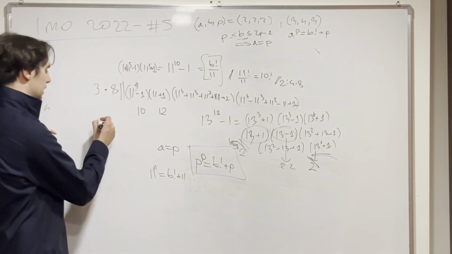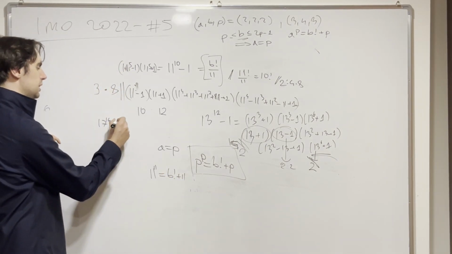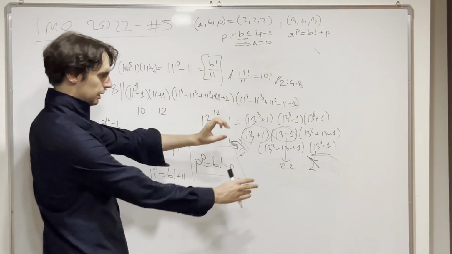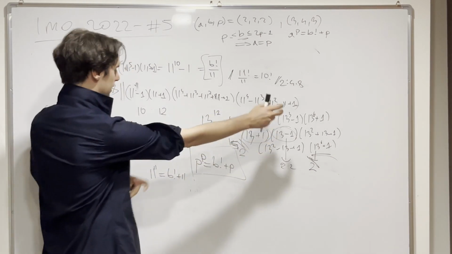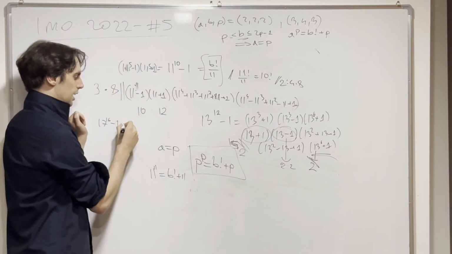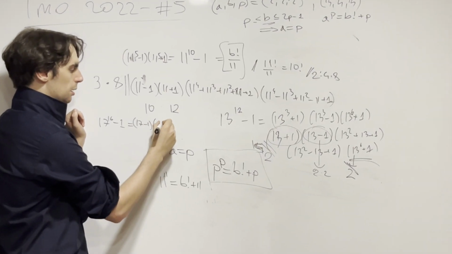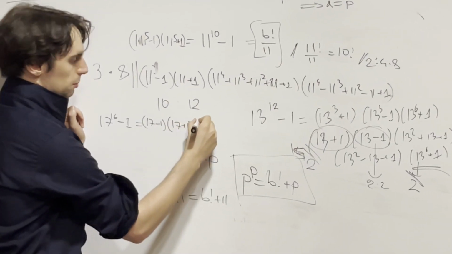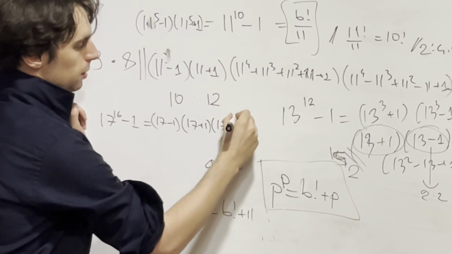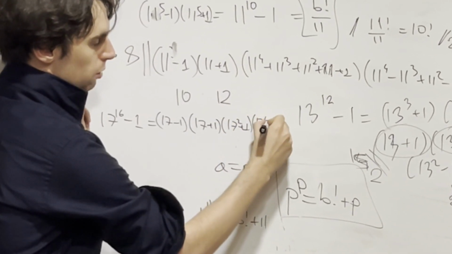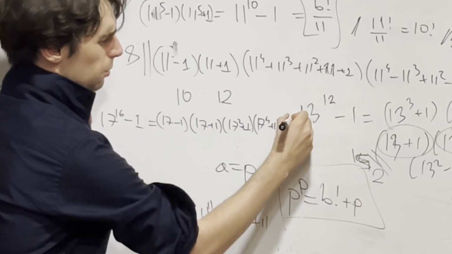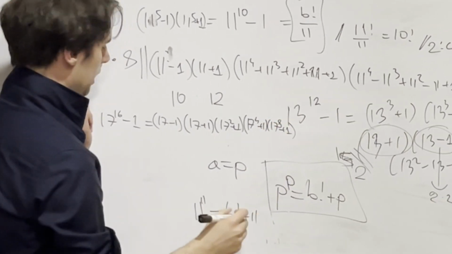And if I even do 17 to the power 16 minus 1, this one is interesting because I'll be able to do this many times over. This is 17 minus 1 times 17 plus 1 times 17 squared plus 1, 17 to the power 4 plus 1, 17 to the power of 8 plus 1. And that's about it.